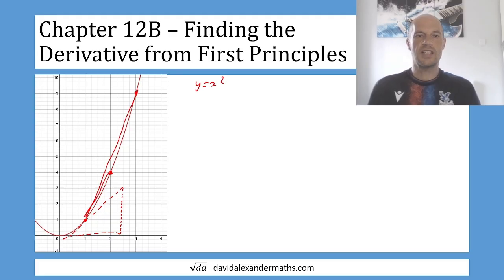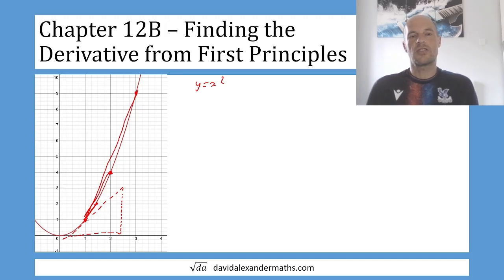Now what if I slid this point really close, say to this point here? The chord that I'm drawing here has a gradient that is getting pretty close to the gradient of the tangent. So the closer this point is, in other words, when I add on only a tiny amount to my original x value, then I'm getting closer and closer to the gradient of the tangent at that point.